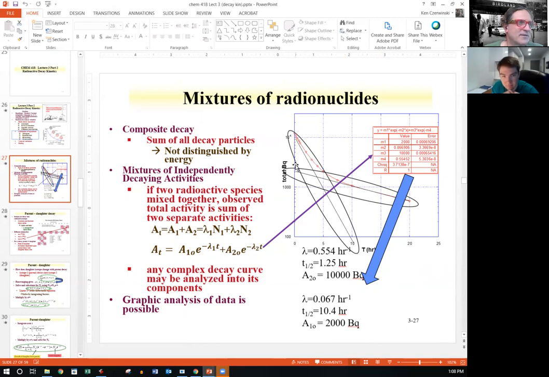This is the total, so the amount of the other isotope must be equal to the total minus this amount. I don't think we really solve things graphically that much anymore. I plotted this with a graphics package and just set up an equation and said, okay, solve it for me. So you can do the same thing with Excel or any other data manipulation package.